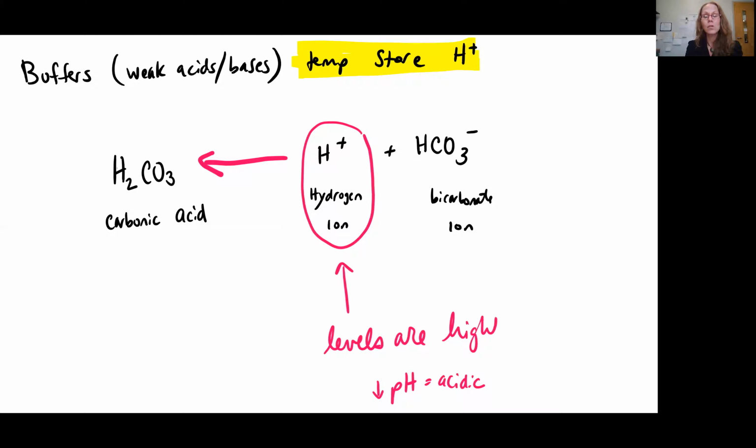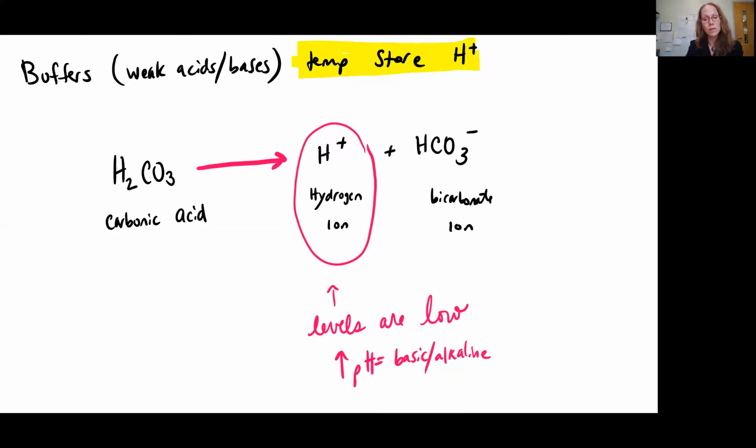Now, the direction of the reaction is driven based on the conditions. So if your levels of hydrogen ion are high, then it's driving the reaction such that hydrogen pairs with bicarbonate ion to make carbonic acid. So instead of having a lot of loose H+, you end up with a lot of carbonic acid.